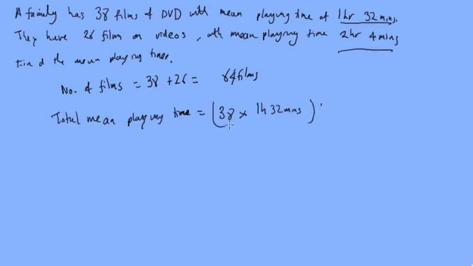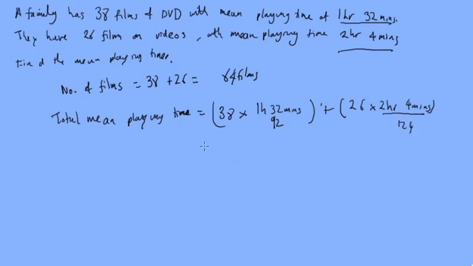And we're going to add that to the 26 films multiplied by 2 hours and 4 minutes. So that's the amount of playing time for all the video cassettes. Now this is going to be 92 minutes, and this here becomes 124 minutes.